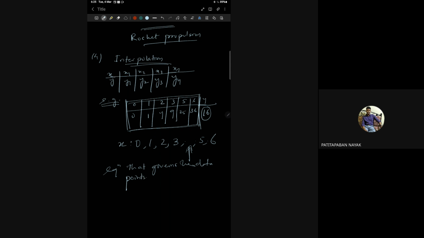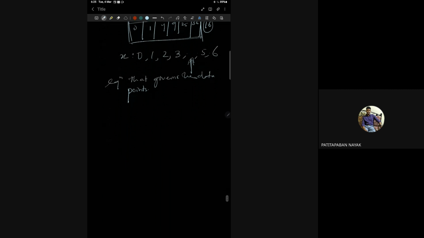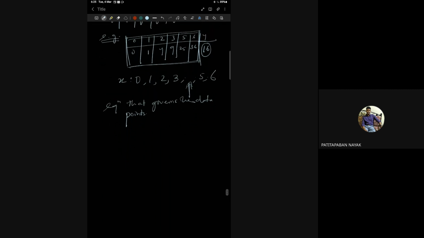What I need to do is find an equation, y is equal to x square, that is satisfied by all these points. Then to get this value, I'll just use y is equal to x square, isn't it?